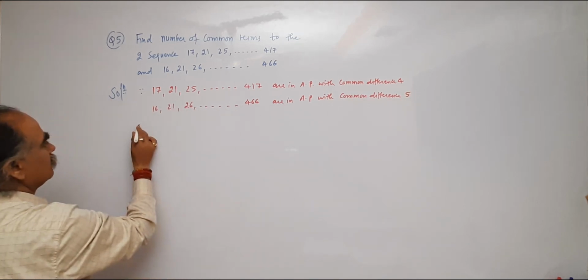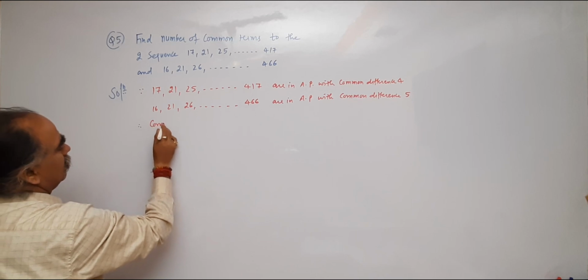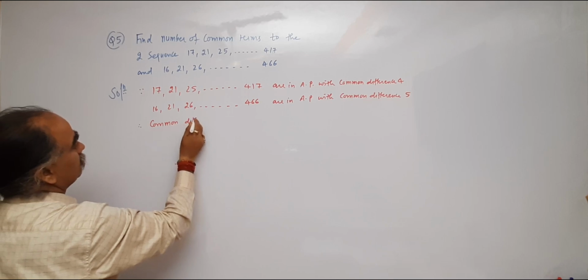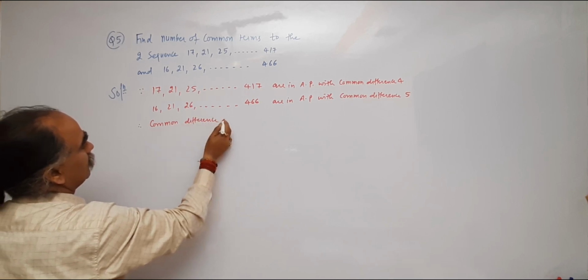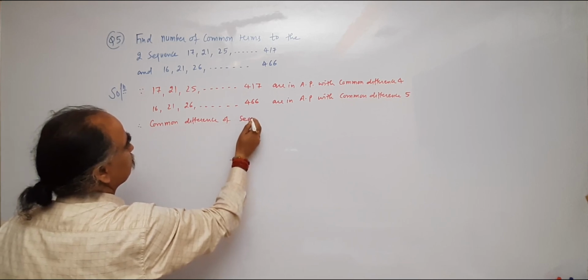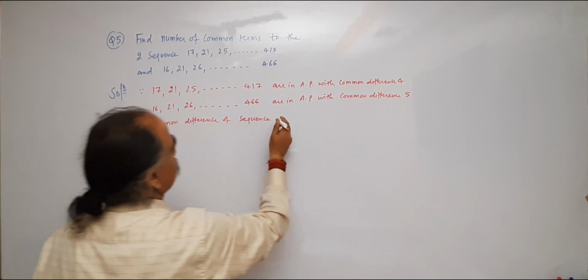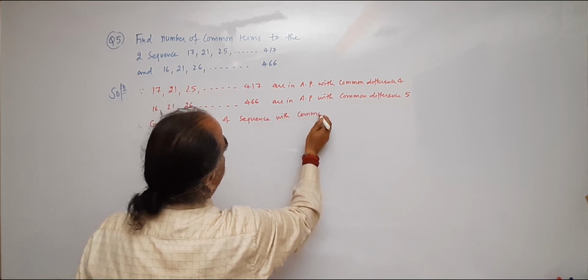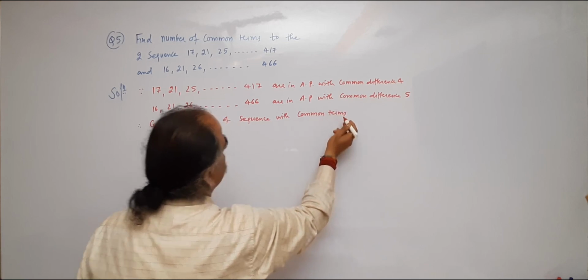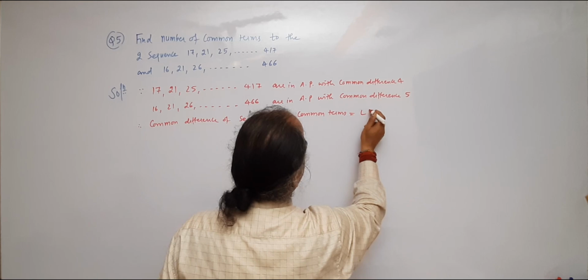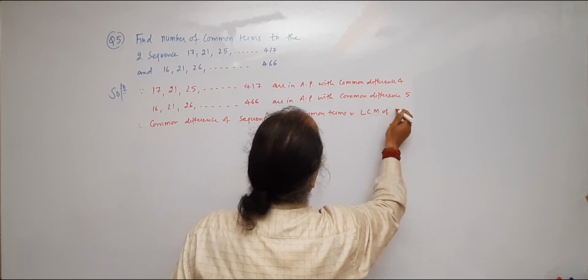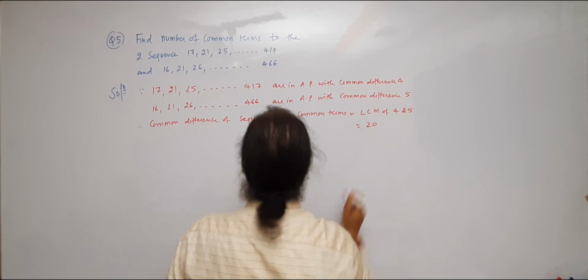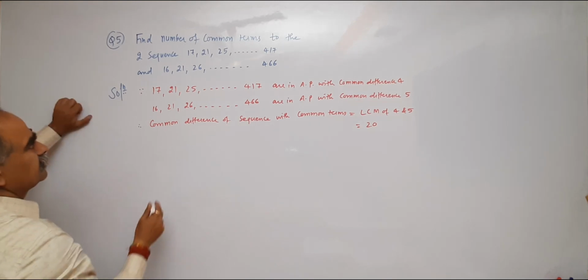Therefore, the common difference of the sequence with common terms is equal to LCM of 4 and 5, which is 20. The first common term is what? 21.